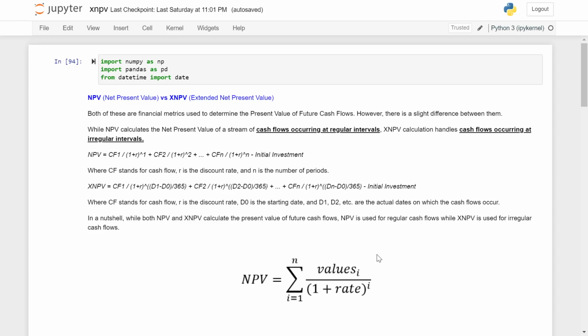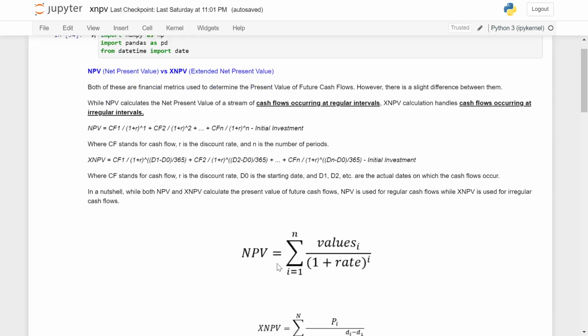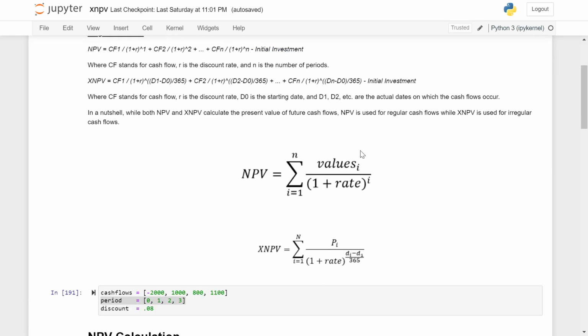Here, when we calculate XNPV, we will need dates for all the cash flows. This formula is for NPV as we saw in the previous video. This pertains to XNPV and these are notations.